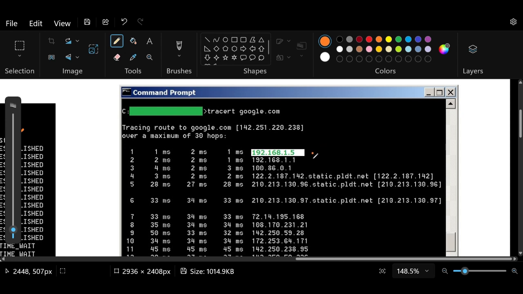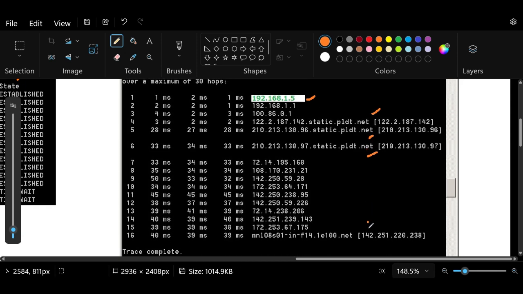For example, we're starting first with where we're at, 192.168.1.5. How do we get to Google? And what we can see is that we need to move from one device to another. And later on, we see that we are going to go to pldd.net, and then another IP address from pldd.net, and another one here as well, until we reach google.com.